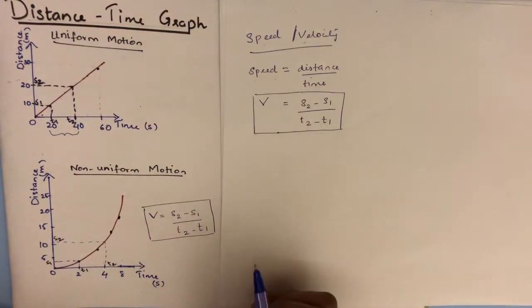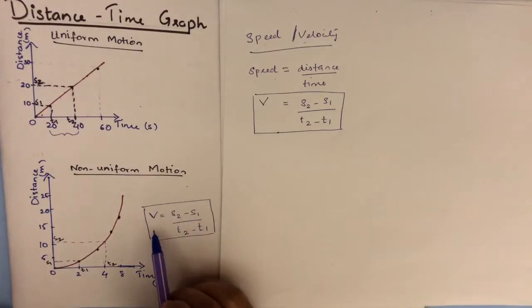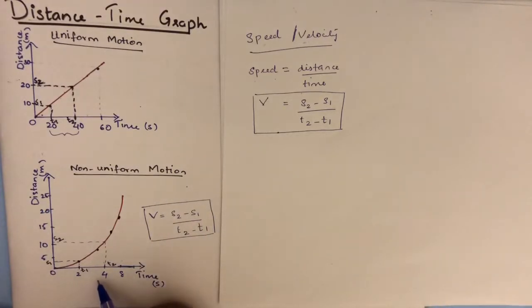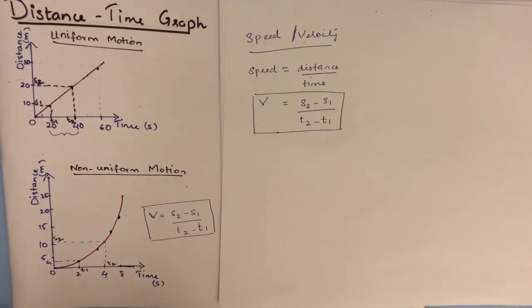Now please note that in the case of a non-uniform motion, the speed or velocity that you calculated in one interval might not be the same in the next interval. That is, here the speed or velocity is not constant, it is changing. So if you calculated the speed for this particular interval, then that speed might not be equal for this interval. It will change because the motion is non-uniform.